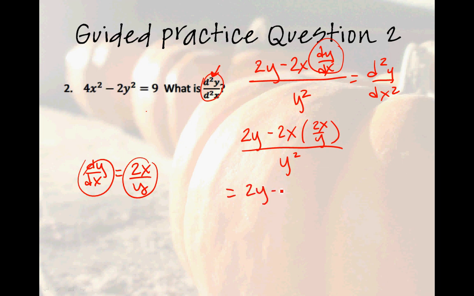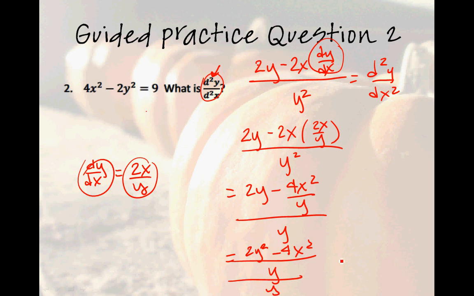We could say 2y minus 4x squared over y all over y. If you wanted to continue simplifying it, you could say 2y squared minus 4x squared over y, which gives you 2y squared minus 4x squared over y squared. Okay, so you can pause if you need to and do the next problem, or you can just continue on.